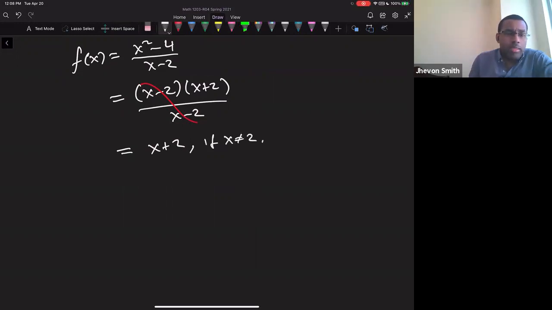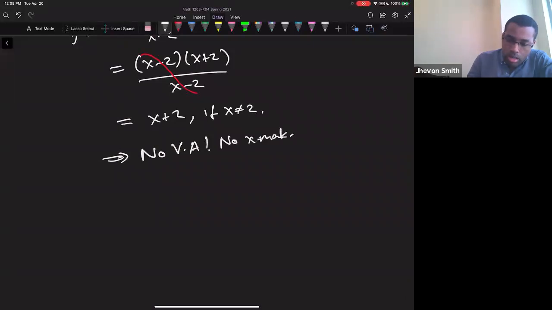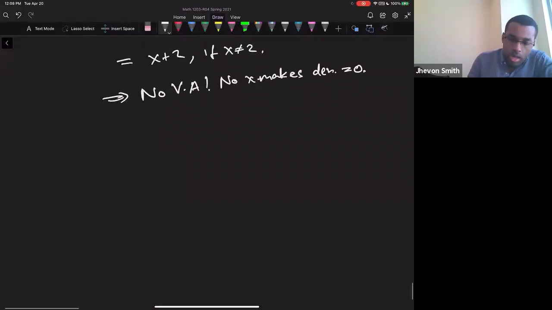And that actually just behaves like a straight line. Notice there's nothing that makes that denominator 0. So you would say no VA. No x makes the denominator 0. And you could also say that's a polynomial.